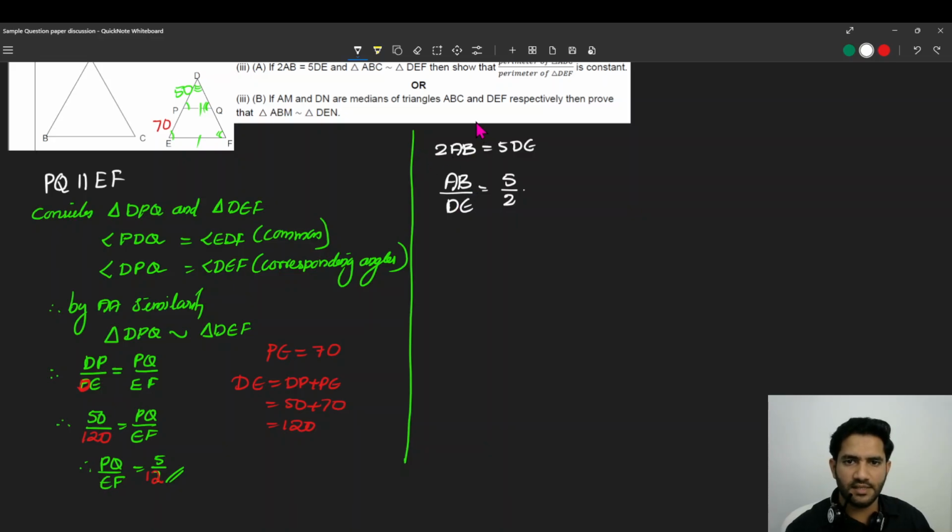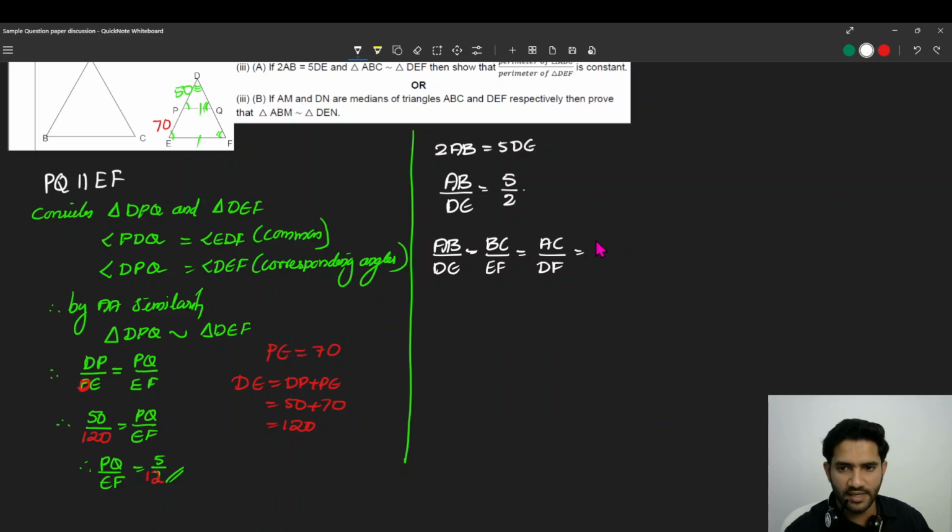Now it is given that ABC and DEF are similar. So that means AB by DE equal to BC by EF equal to AC by DF.